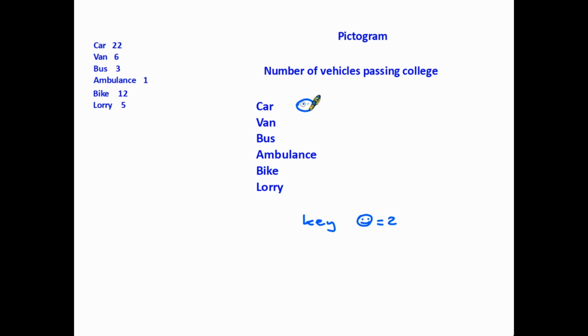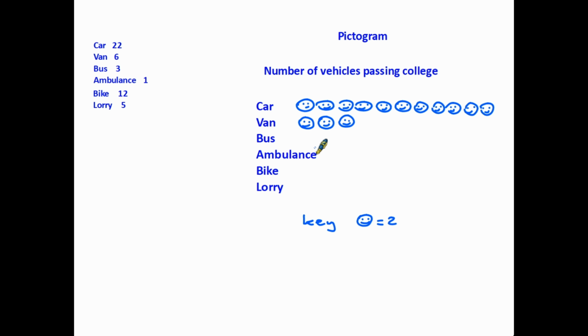So of course, if I come to car, I've got 2, 4, 6, 8, 10, and so on until we have 11 faces, and that of course 11 times 2 is 22. No problem there. Let's have a look at the van. The van, again, I'm going to start. One face is 2. I need 6, so 2, 4, 6.